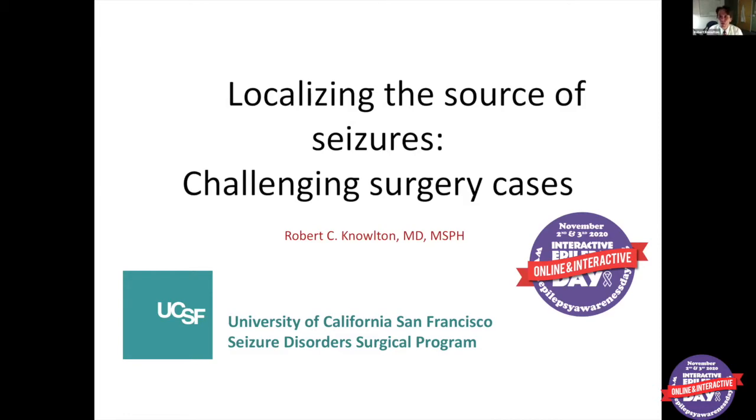And then to get more precision, you'd probably want to place electrodes either on the surface of the brain or, more likely in this case, depth electrodes targeting those three regions. Or if the ictal SPECT was really strong in one region, you may not even have to do that. I also get speech interruptions, so it could be that they're related in the same area.